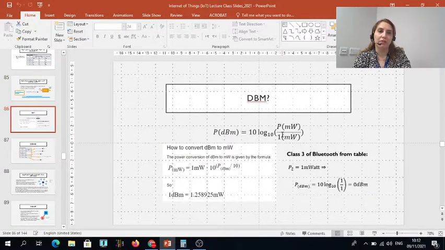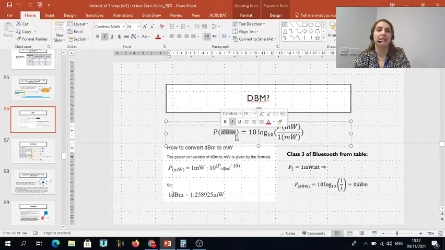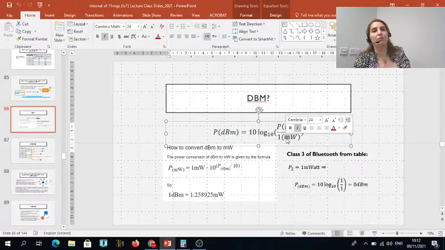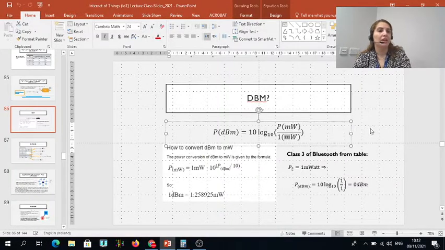Instead of P1, if I put 1 milliwatt, that gives me dBm. The letter M comes from the fact that I'm providing P1 as 1 milliwatt. That is very important to remember. In the future or in your workplace, if you come across dBm and dB, you should be able to differentiate them.